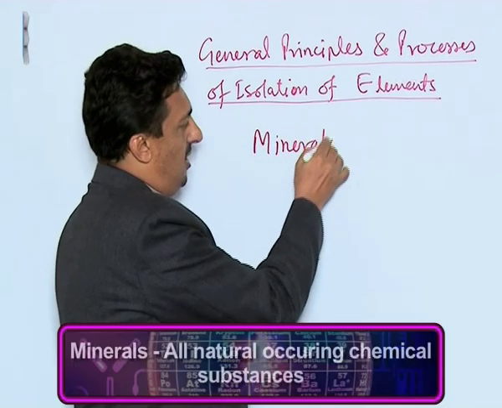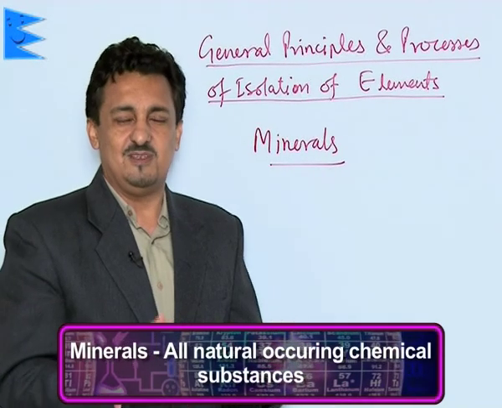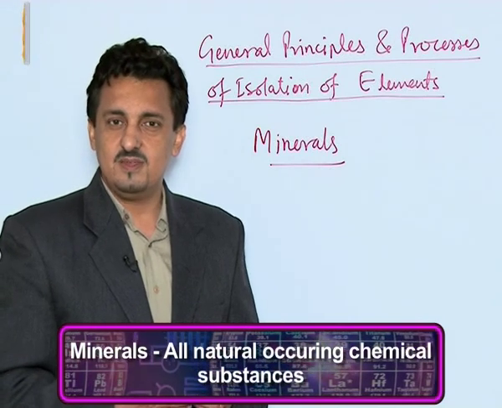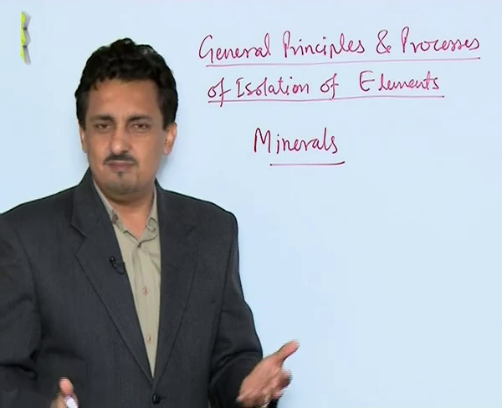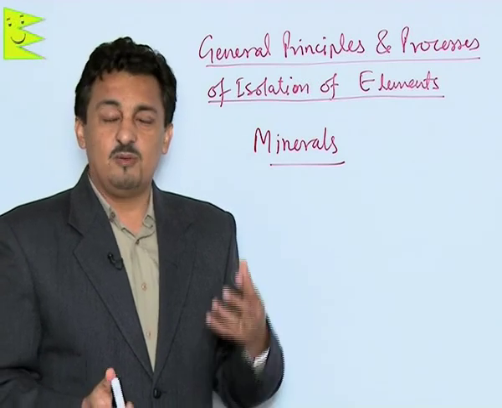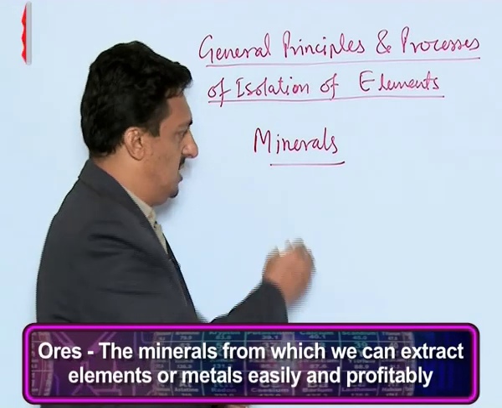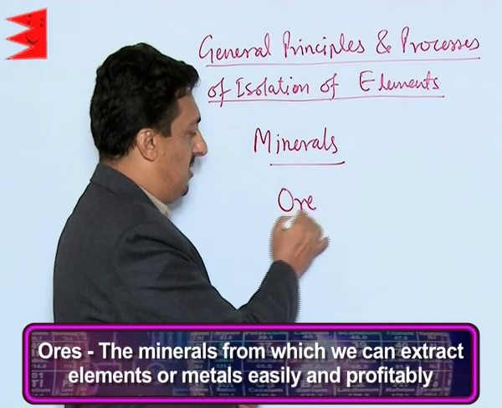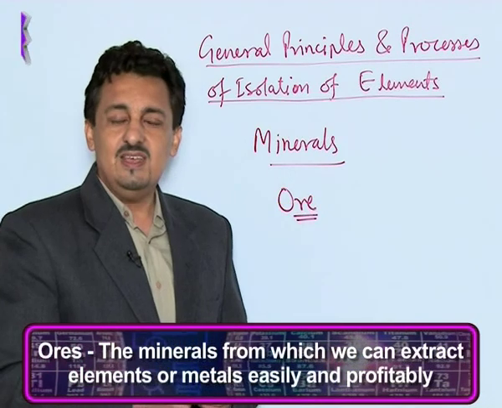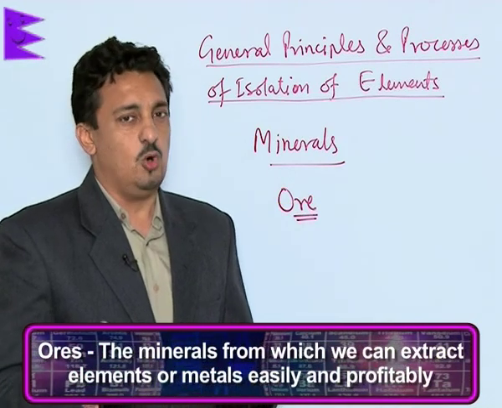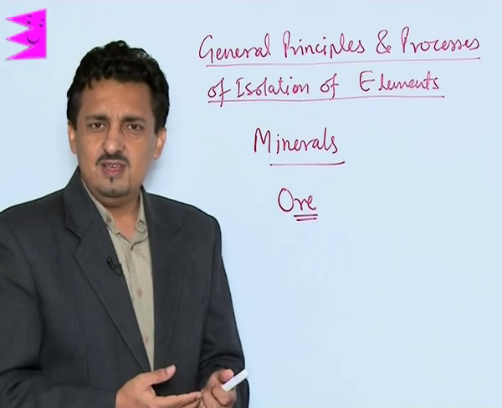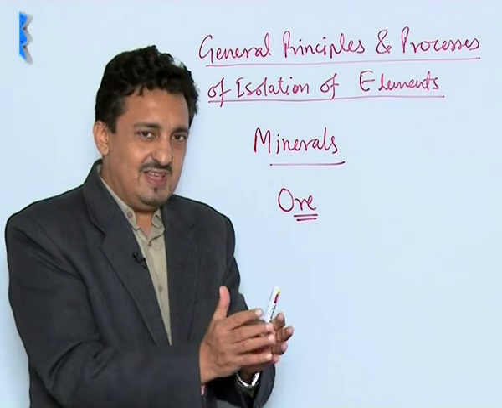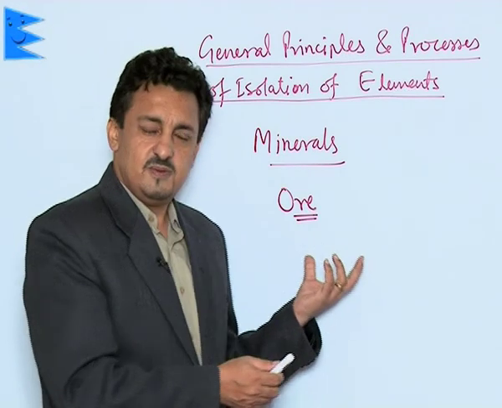All naturally occurring chemical substances are called minerals. Everything present around us is basically a mineral. Minerals from which we can extract elements, specifically metals, easily and profitably are called ores. You must have done this in your junior classes. So basically we will be dealing here with ores.